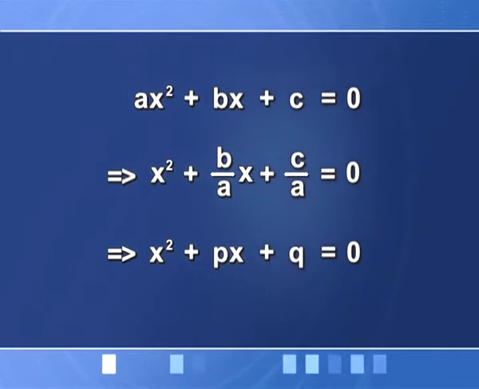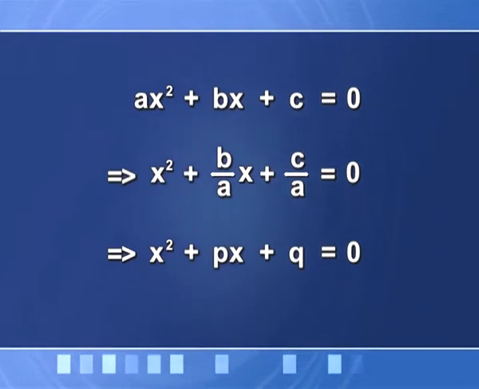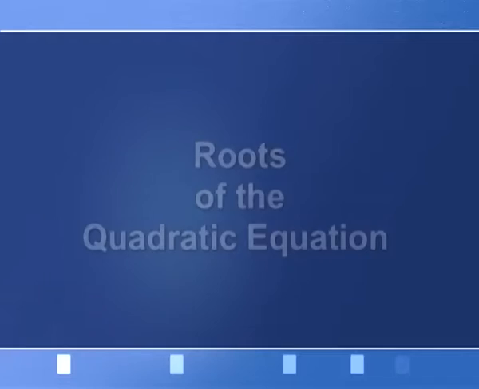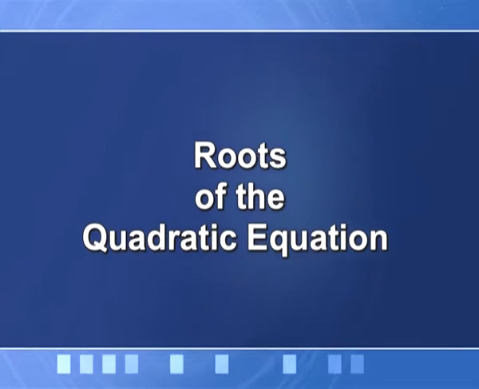Now, these values of x which make the left hand side 0 are called the roots of the quadratic equation. Remember, quadratic, degree being 2, there have got to be 2 roots. If the degree of the equation is 3, there will be 3 roots, and so on.